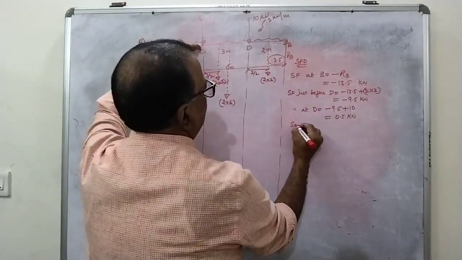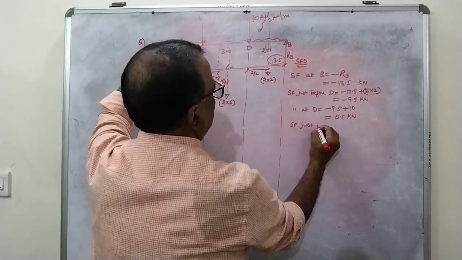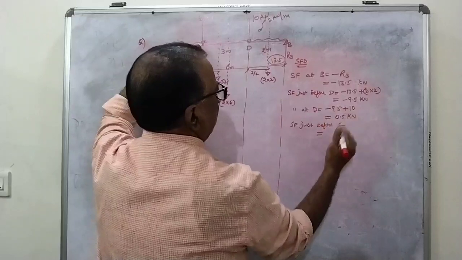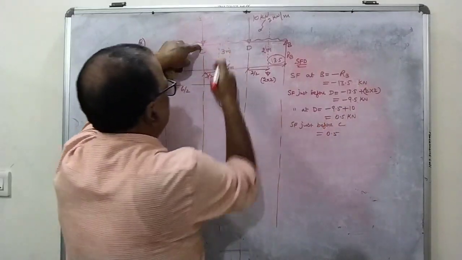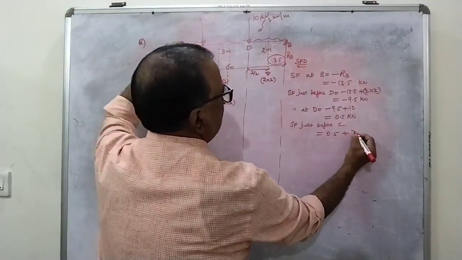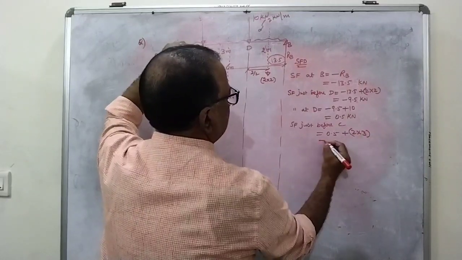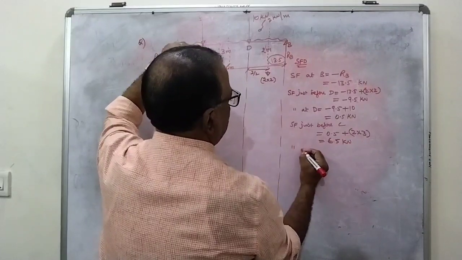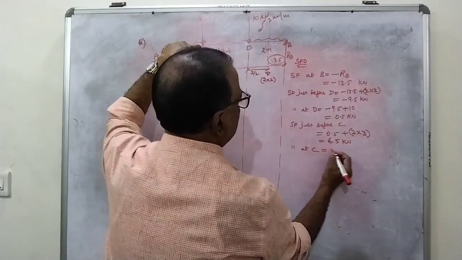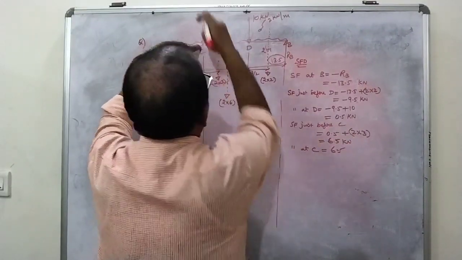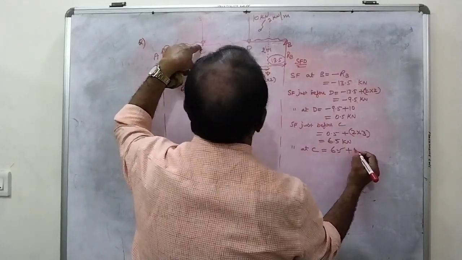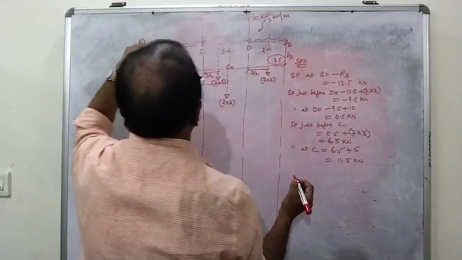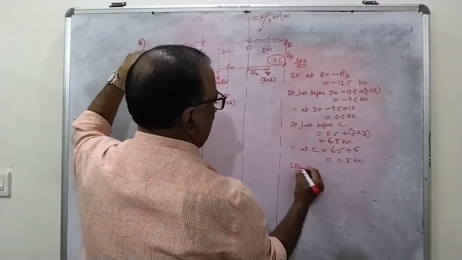So, shear force just before C is equal to previous value was 0.5 and there is a downward load plus 2 into 3, 6.5 kilonewtons. Now you can write at C is equal to 6.5 plus there is a downward load 5, 11.5 kilonewtons.